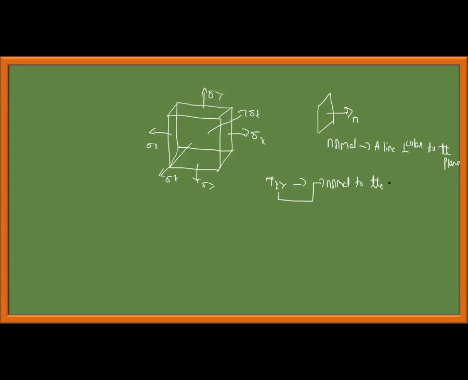Okay, tau xy means the first letter indicates the normal to the plane. Tau xy in the sense the normal to the plane is in the x direction. This is the normal to the plane. Normal to the plane is x.